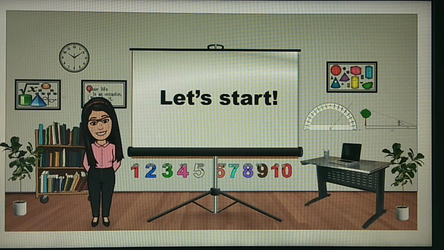So, let's start! As I have said earlier, our topic is about solving rational algebraic equations transformable to quadratic equations. When we say rational numbers, it is one that can be written as the ratio of two integers. Here's an example of a ratio. 1:3 can also be written as 1/3.